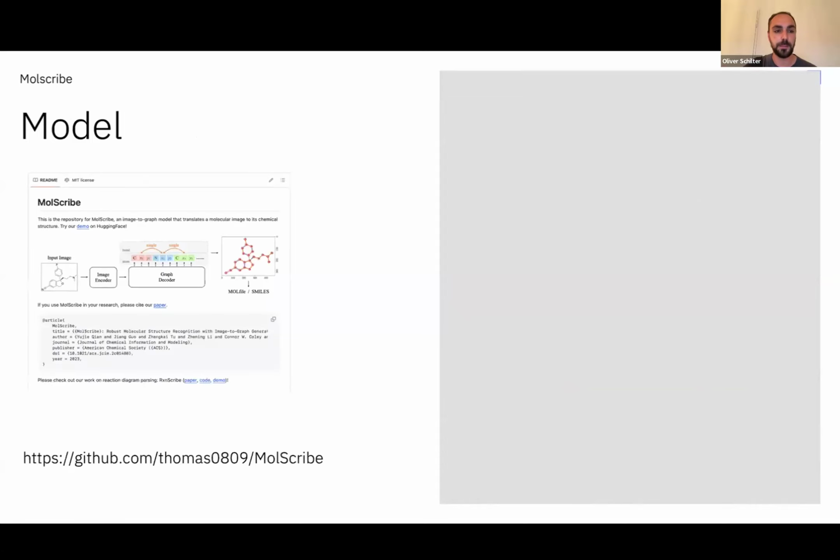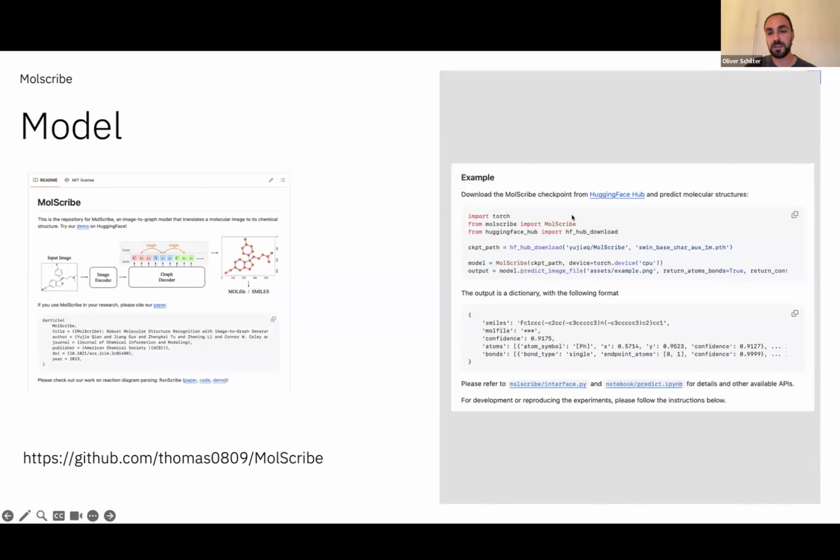Next, I focused on evaluating DECIMER and MolScribe. I ended up using MolScribe because it runs with PyTorch instead of TensorFlow, which worked way better for bundling it up in a Mac app. MolScribe is also super easy to use. You can basically download the model as a simple checkpoint, which you then apply to the file saved from the clipboard, and it automatically returns the SMILES as well as a confidence.